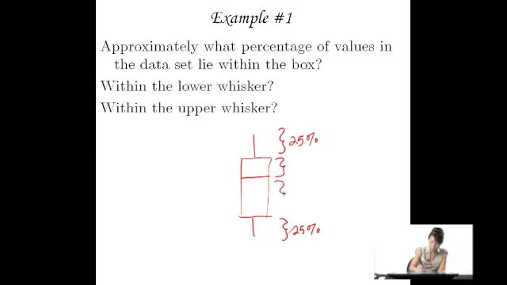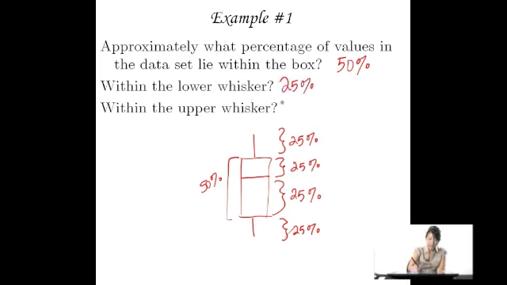And each of these quartiles are also 25%, so we know that what's in here is 50% of our sample. In the lower whisker, 25%, and the upper whisker, 25%.